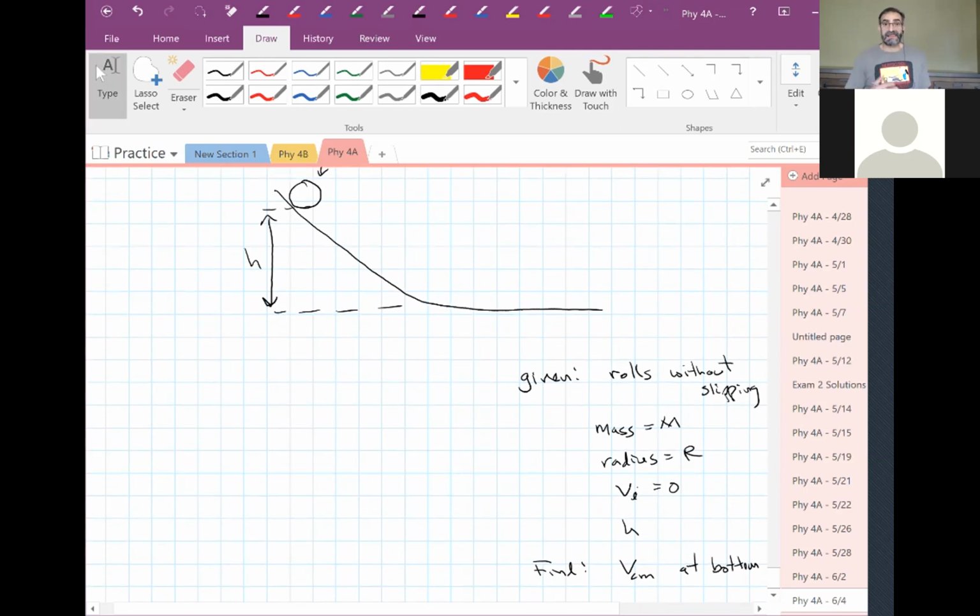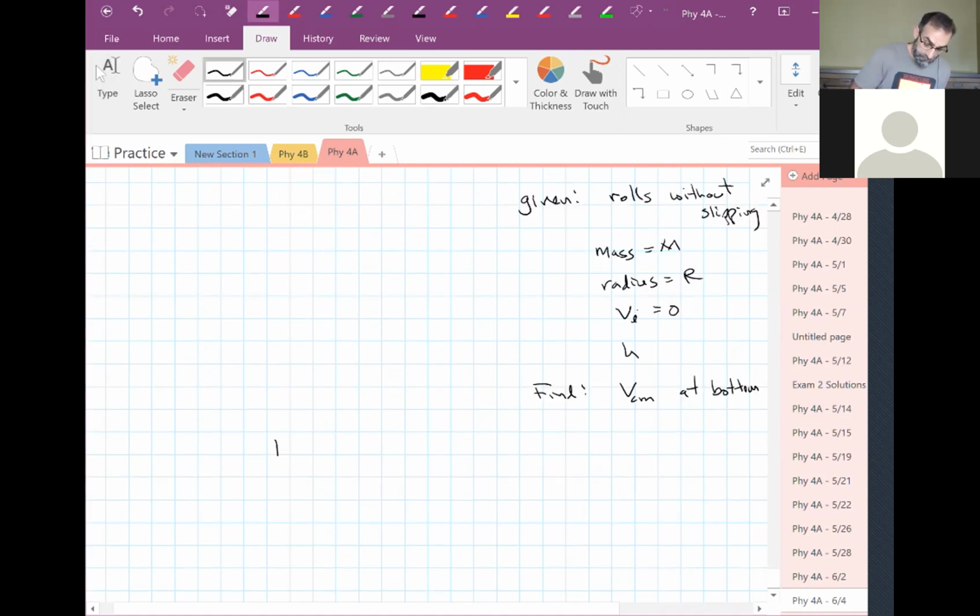So this looks a lot like energy would be a good tool here, doesn't it? Mechanical energy at the beginning, mechanical energy at the end. Are they going to be equal?